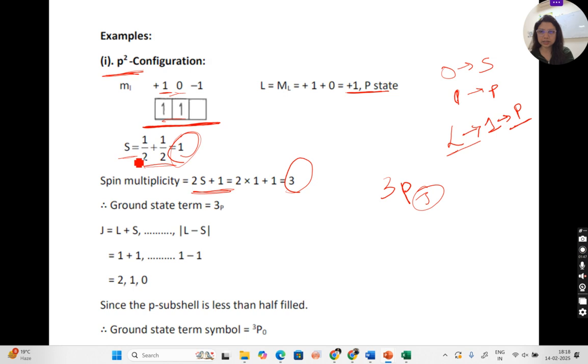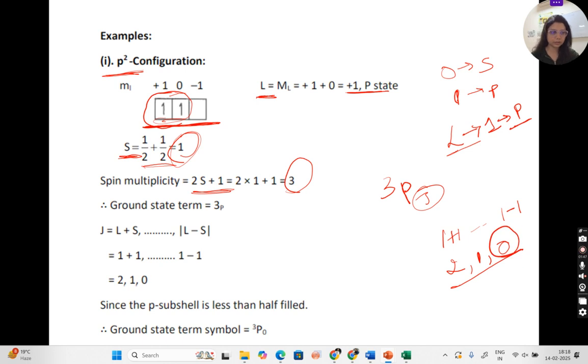So it is from 1 plus 1, which is 2, to 1 minus 1, which is 0, and in between there is 1, so 2, 1, 0. And because, as I already told you, this is a case of less than half filled, we will consider L minus S in this case. So finally the term symbol will be 3P0.